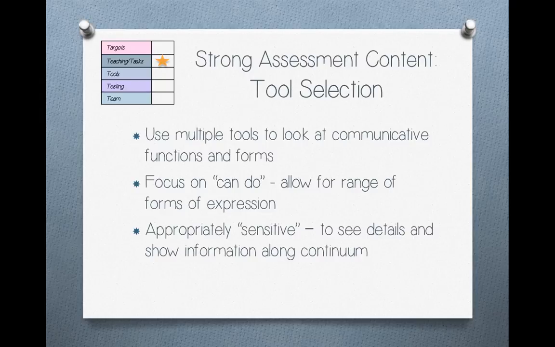The content would be focusing on the positive, or what the student can do, using tools that allow students to express different communicative functions in a range of forms. And then the last feature would be having a tool that is appropriately sensitive.